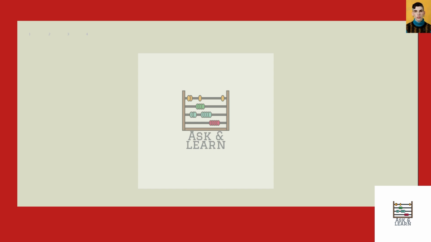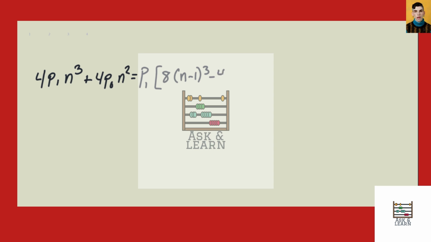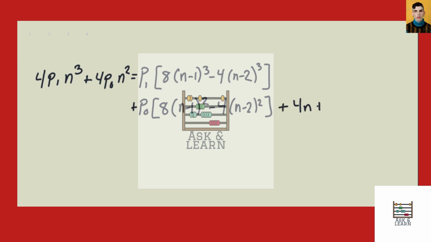We can combine our p1s and p naughts together, so this is equal to 4 times p1 times n cubed plus 4 times p naught times n squared being equal to p1 times (8 times (n minus 1) cubed minus 4 times (n minus 2) cubed) plus p naught times (8 times (n minus 1) squared minus 4 times (n minus 2) squared) plus 4n plus 4.